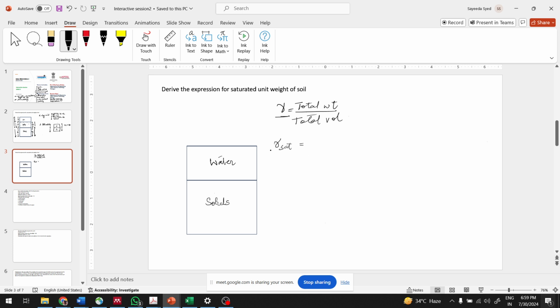So the total weight is weight of water plus weight of solids. And the total volume is volume of solids plus volume of water.